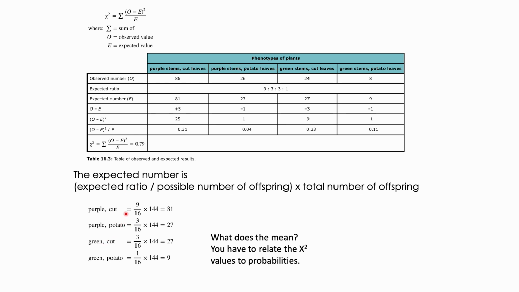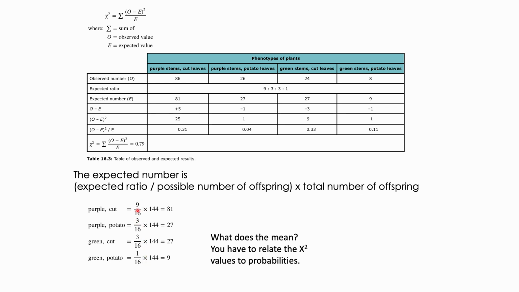These 4 phenotypes match the phenotypes across the top of our chart. The expected ratio, remember we said there's a 9:3:3:1 ratio. That ratio is based on 16, because in a dihybrid you have 16 possibilities. So 9 out of 16, 3 out of 16, 3 out of 16, or 1 out of 16.